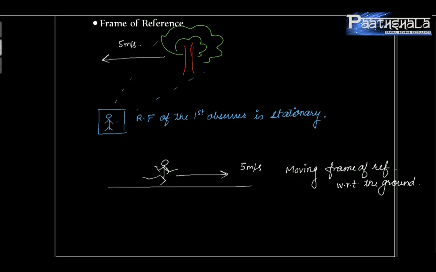Now sometimes what may happen is this observer might, instead of going with 5 meters per second, be going with an acceleration of, let's say, 10 meters per second square. So this is called an accelerating frame. An accelerating reference frame is also called a non-inertial frame of reference.